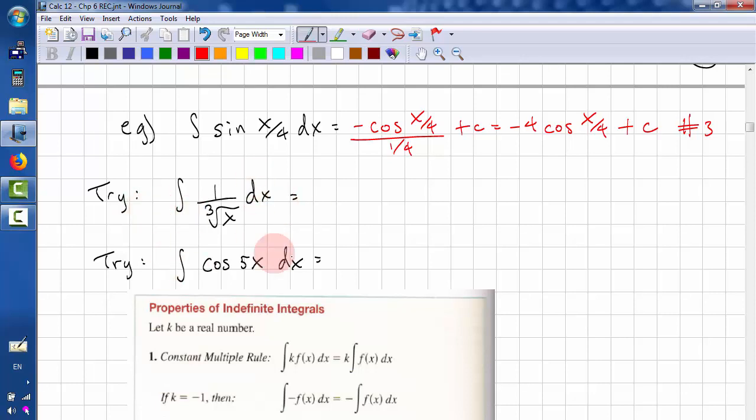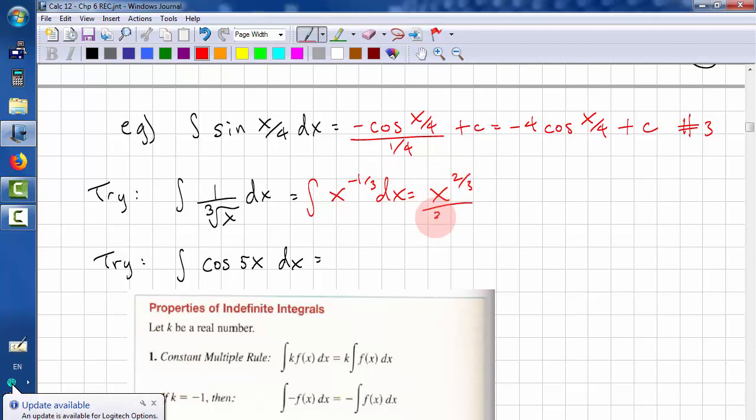Okay, you should try these two on your own. So pause it now, come up with a solution, and check your answers. Okay, and we're back. This is x to the power of negative 1/3 dx. So this is x to the power of 2 over 3 over 2 over 3 plus c, equals 3 over 2 x to the power of 2/3 plus c.